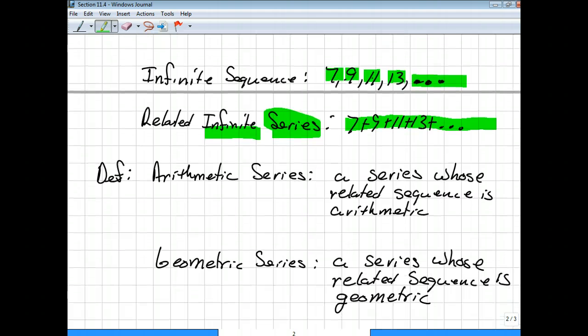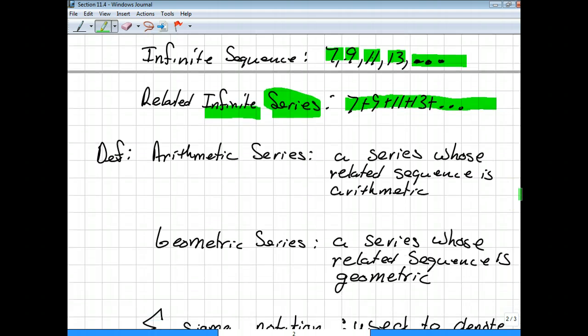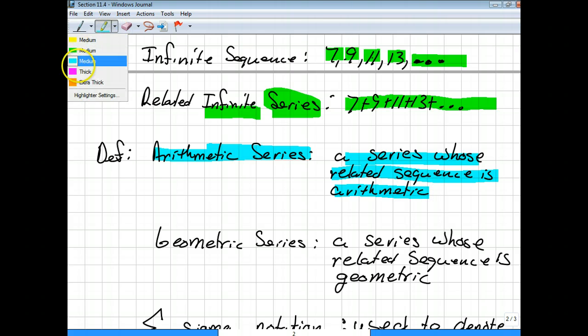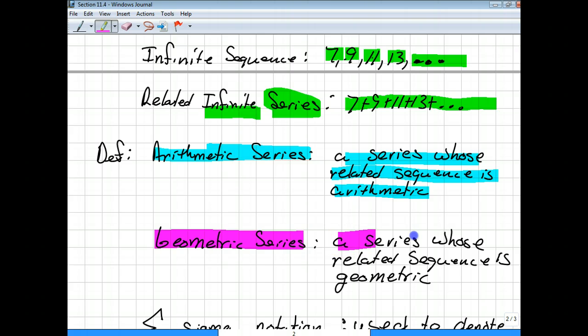Alright, and just like we have arithmetic and geometric sequences, we can have arithmetic series, which is a series whose related sequence is arithmetic, and we can have a geometric series, which is a series whose related sequence is geometric.